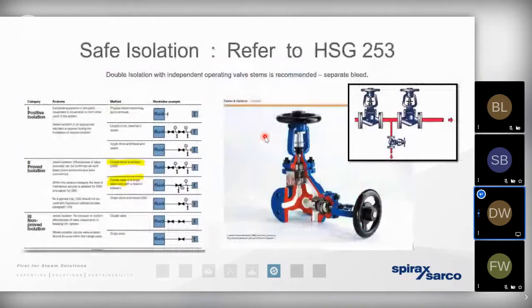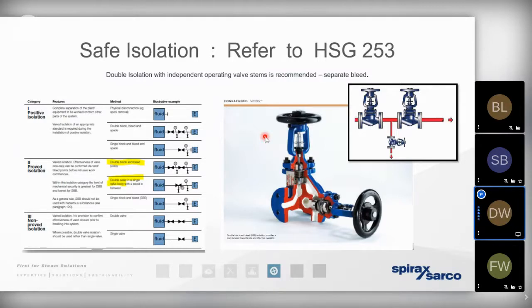Safe isolation is also critically important. As we've mentioned, steam valves are typically metal to metal seated, so there's a risk that unless we've got an excellent condition of steam, those valve seats can become eroded, and it's at that point that we're likely to get a bypass of high pressure, high temperature steam.